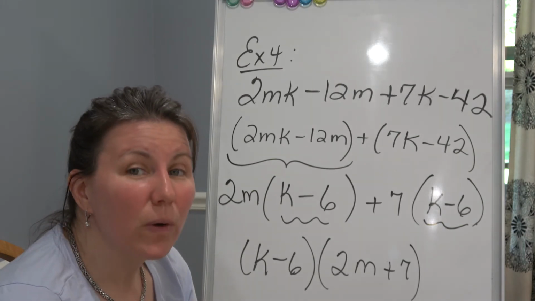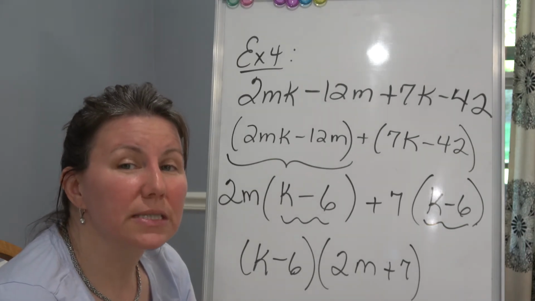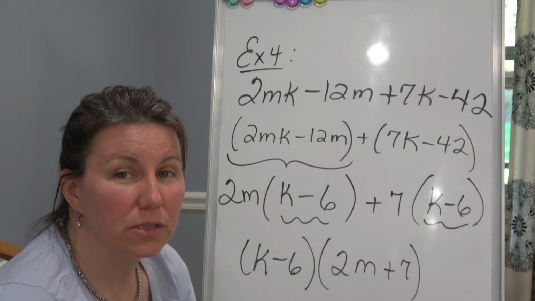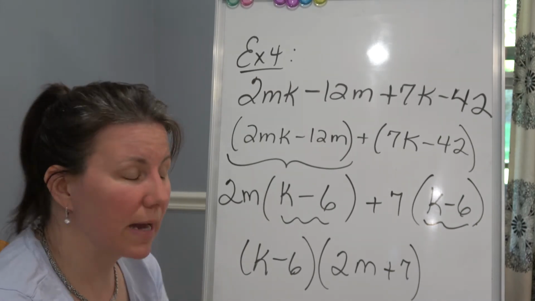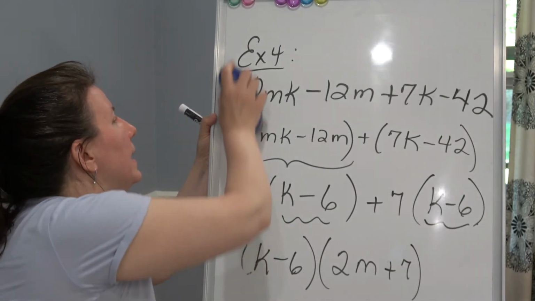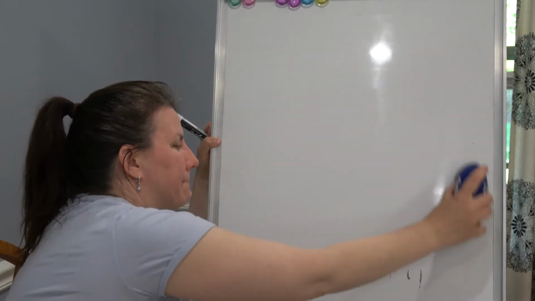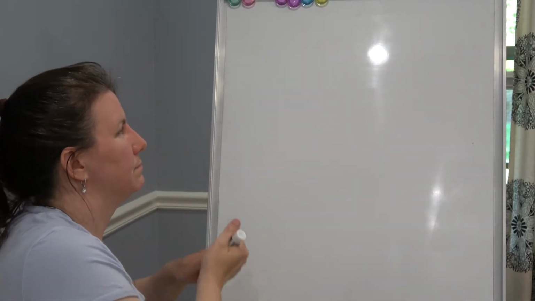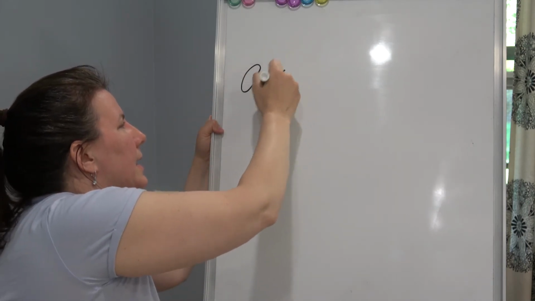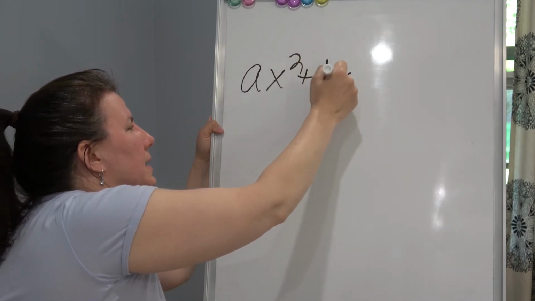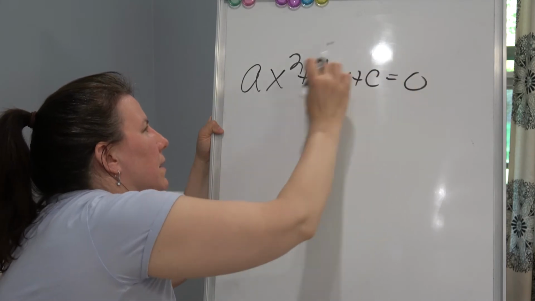And if we're going to know how to solve quadratic equations, so what does that word quadratic mean? An equation in the form ax squared plus bx plus c equals 0.